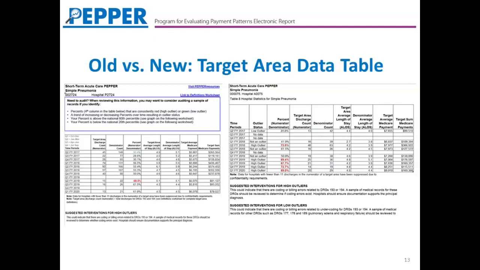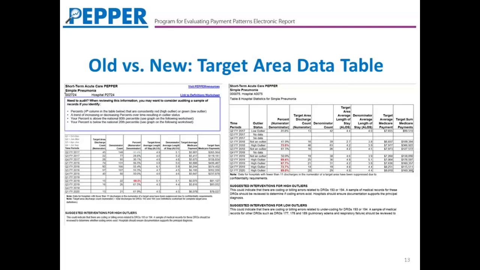And it will tell you if you are a low outlier for the target area, if you have no data or insufficient data to generate statistics, if you are not an outlier, or if you are a high outlier. We still use the color coding, the green italics and the red bold to indicate low or high outliers, but we also have this outlier status column.